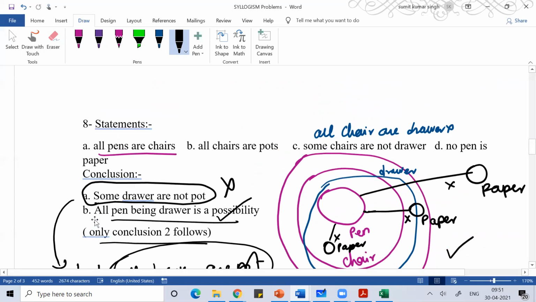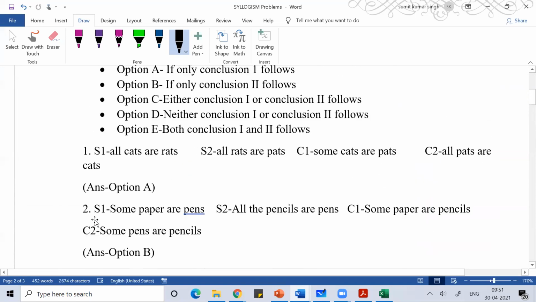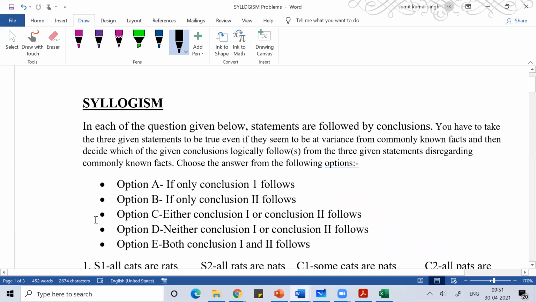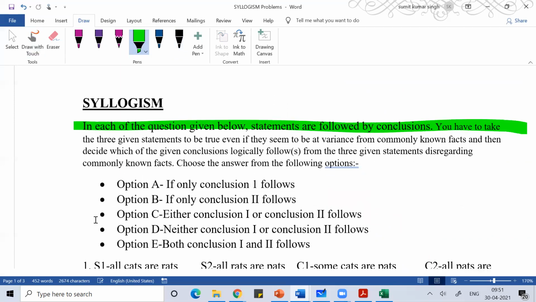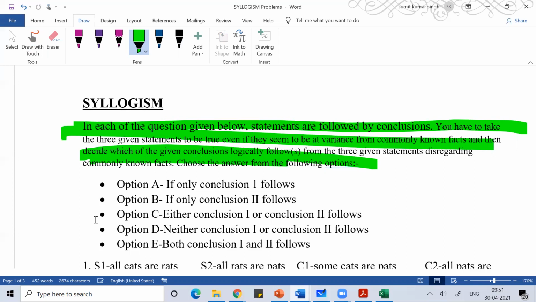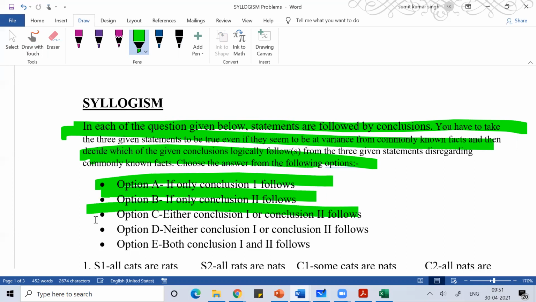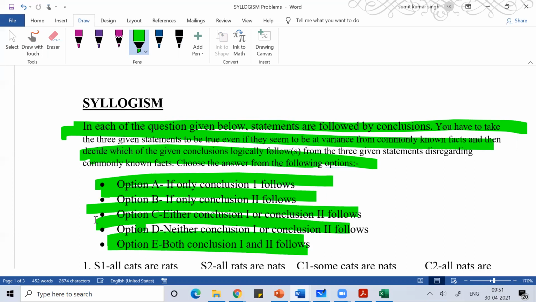So when you solve these kinds of questions, this will be the question given to you. They will tell you which option, like option A, B, C, D, E, when you choose option A or option B or C or D or E. In the exam, if you have 5 options per question, then this would be the kind of 5 options.